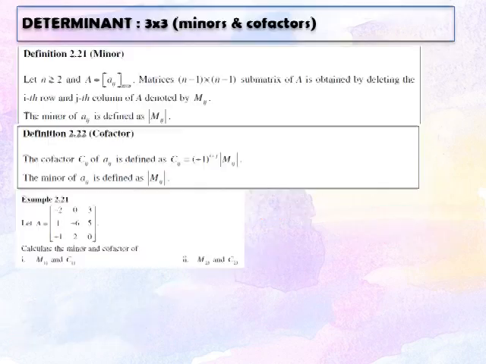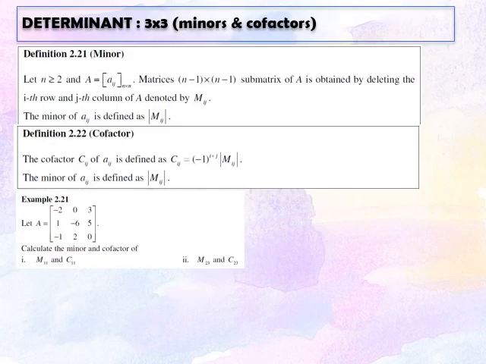The second method is where we find the determinant of a 3 by 3 matrix by using the concept of minors and cofactors. Basically, to find a cofactor, we need to find the minor.